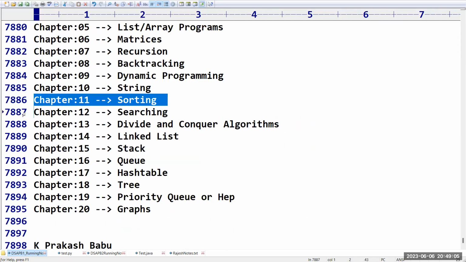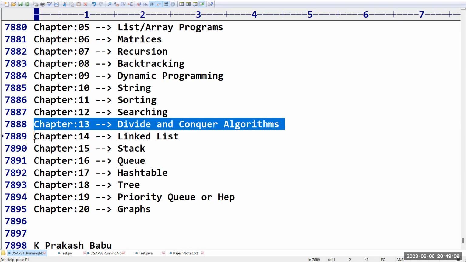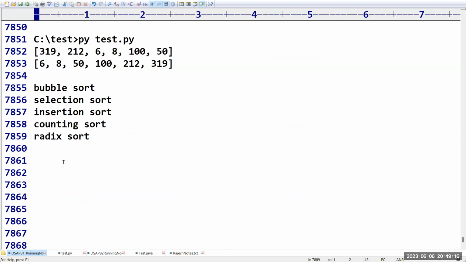After this, before moving to the searching techniques, I will implement the divide and conquer technique, because in divide and conquer algorithms we are going to get merge sort and quick sort. So I need to talk about merge sort and then quick sort. That's why we will talk about divide and conquer algorithms. Later we will go for searching. Maybe this week completely we will concentrate on divide and conquer.